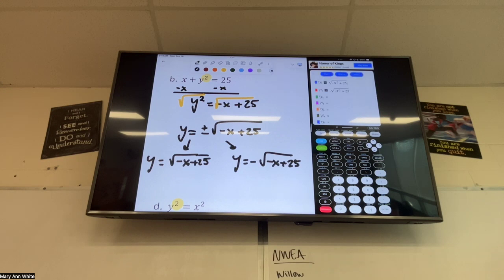Okay, so let's go graph this. The only difference is I just don't have that square in there. Let's see what that looks like. Oh, what do I have a 9? Interesting. Can I zoom in and out maybe?